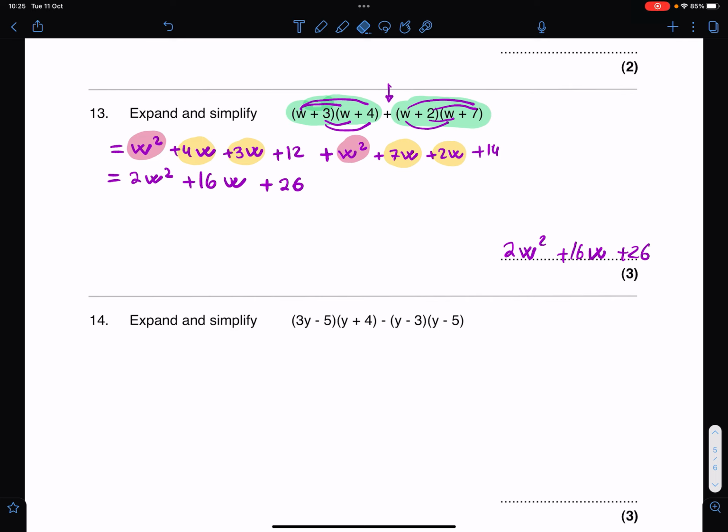Finish this. I want to move to 14. 14 is a little harder. 14 is a little harder, okay? Don't forget this.